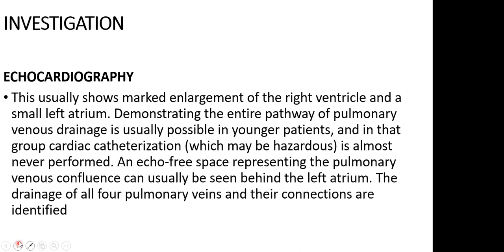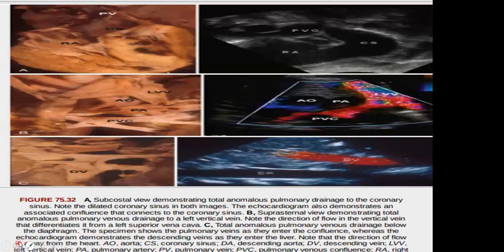Then the echocardiographic picture will show us features suggestive of right ventricular hypertrophy and right atrial enlargement. So this is what the picture looks like, this is the gross picture.